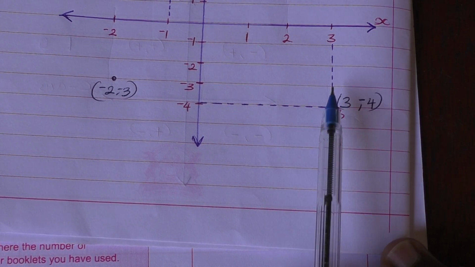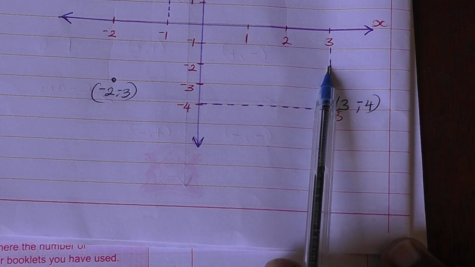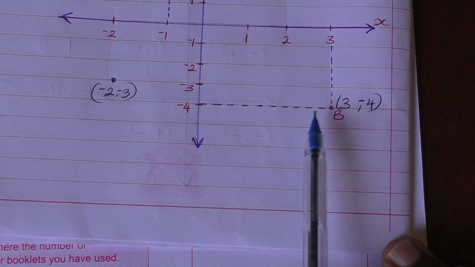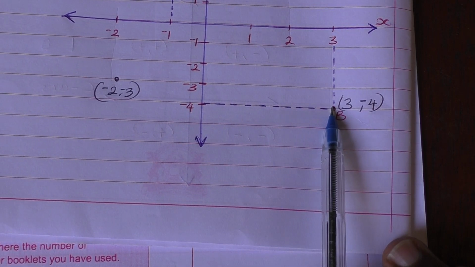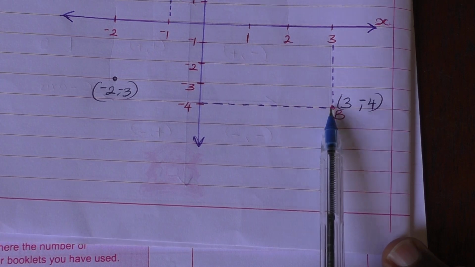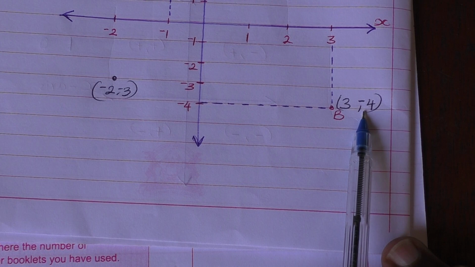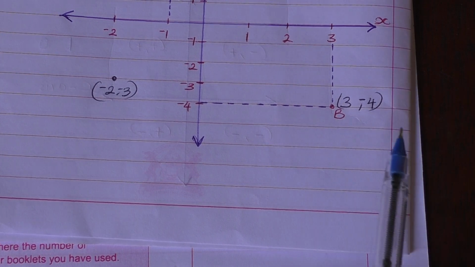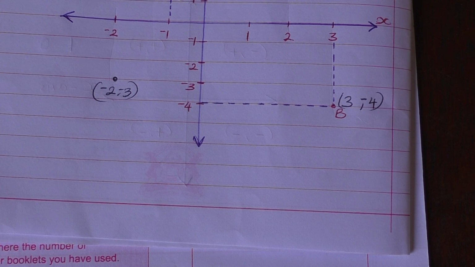That is to say, we look for the 3 on the x-axis, and where the 3 meets the -4 on the y-axis becomes our point 3, -4. So that is how we plot points on the Cartesian plane.